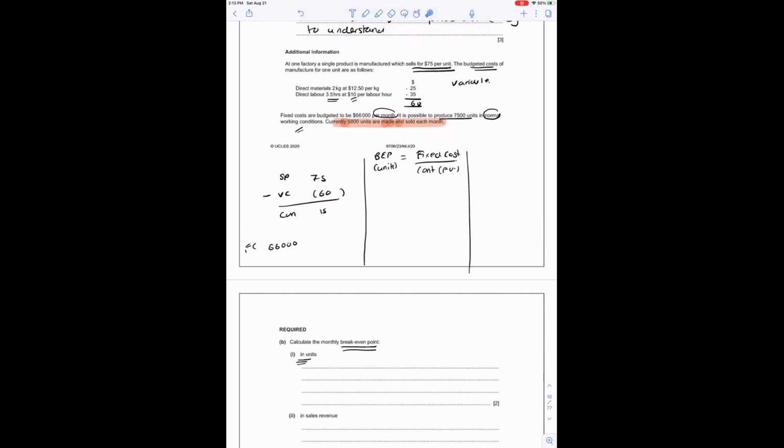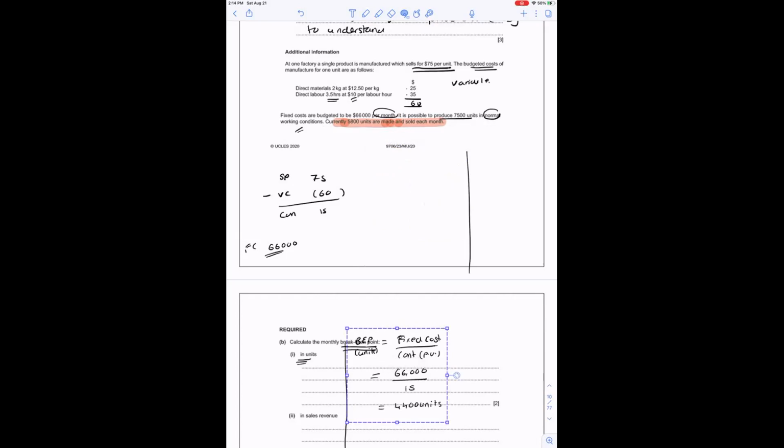It was $15 per unit, and the fixed cost is 66,000. So 66,000 upon $15 per unit gives me 4,400 units. Whenever you calculate the break-even point, always make sure whether you are doing it in units or revenue. So I have found out the break-even point in units. It is coming up to 4,400 units.